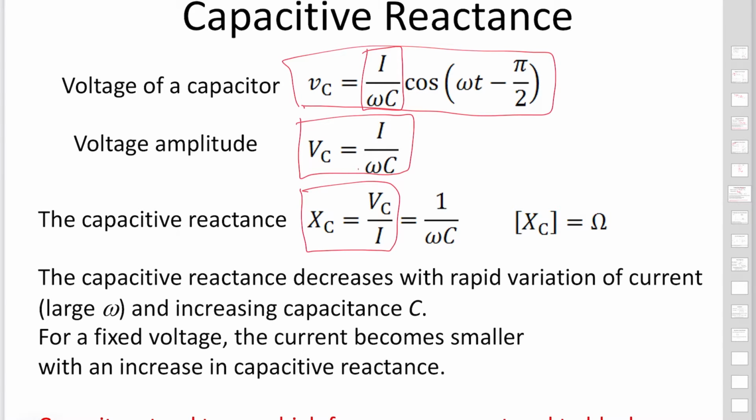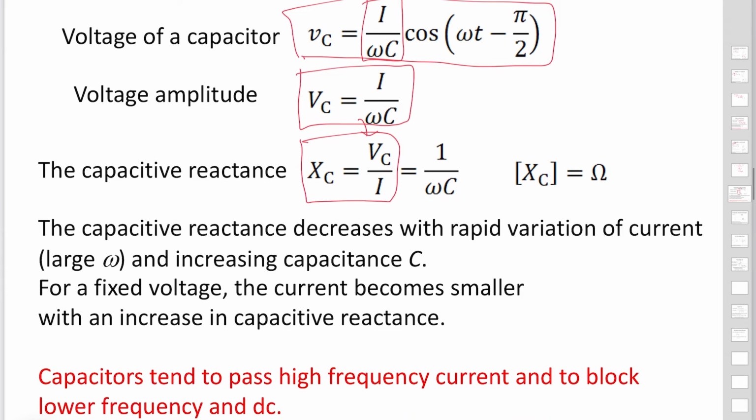You can use this, and it becomes 1 over omega C. Again, the unit of the capacitive reactance is ohm. Capacitive reactance decreases with rapid variation of current. If you increase omega, then X sub C becomes smaller.